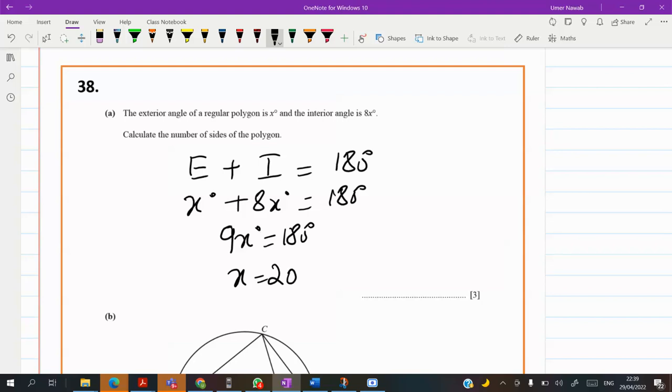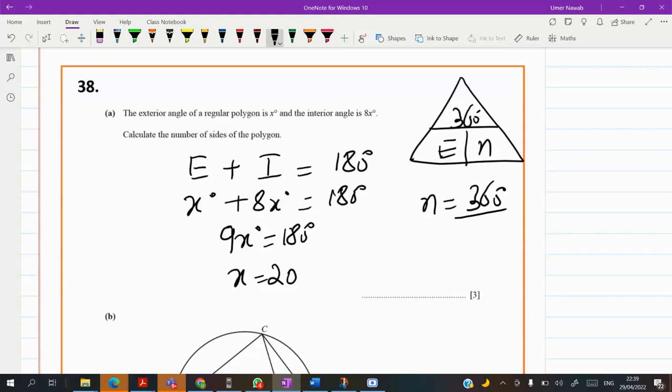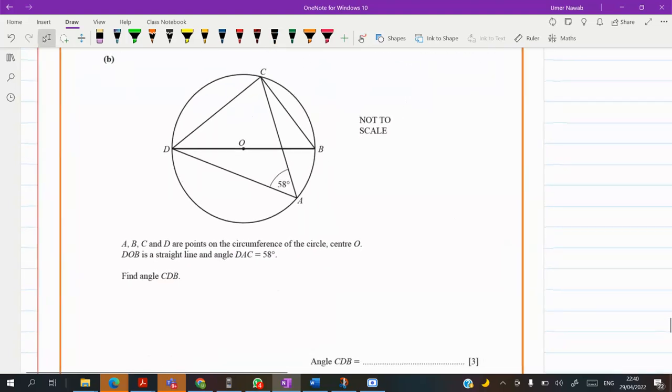After finding this, we want to find the number of sides of the polygon. The exterior angles sum to 360, so the number of sides is 360 divided by the exterior angle, which was 20, so the number of sides is 18.